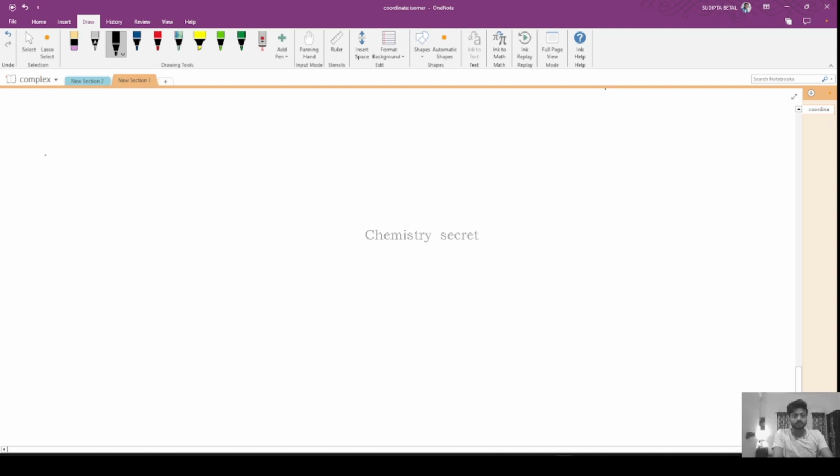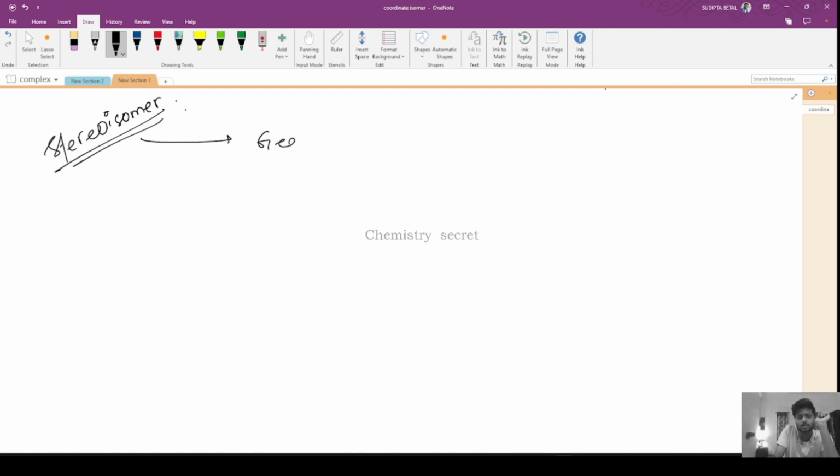Now, if we talk about stereoisomers, they are basically two types. One is geometrical isomer and another is optical isomer.